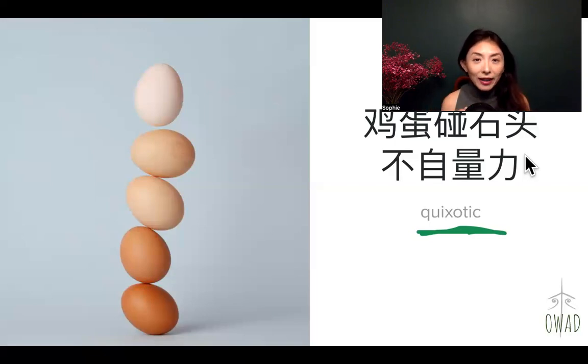So similarly, 鸡蛋 may not be a newborn, but the egg is willing to sacrifice itself, to throw itself onto the stone to try to make a change over there. So this is pretty well transferred into this Quixotic expression in English.